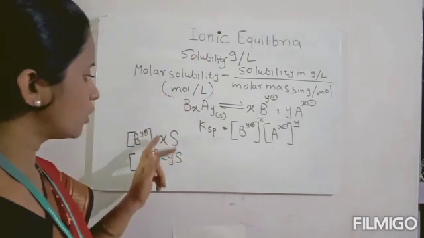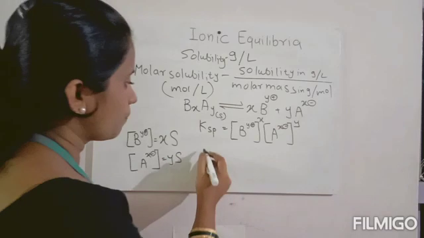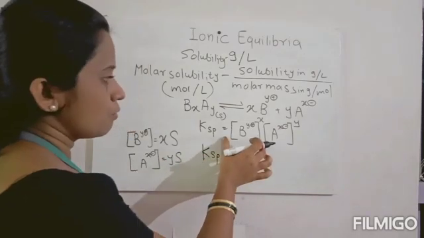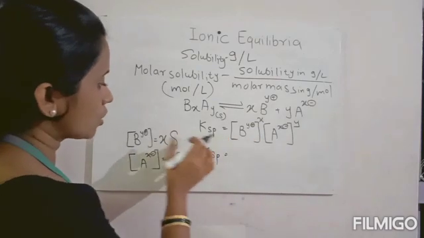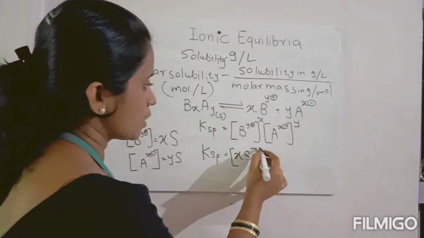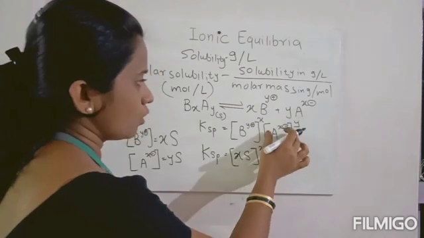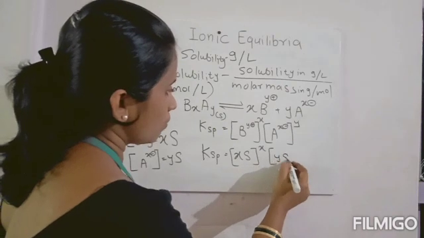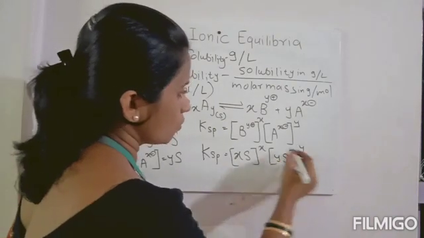So now substituting these values in this equation, Ksp is equal to, for this ion concentration we can write xS raised to x, and for Ax minus ions concentration we can write yS raised to y.